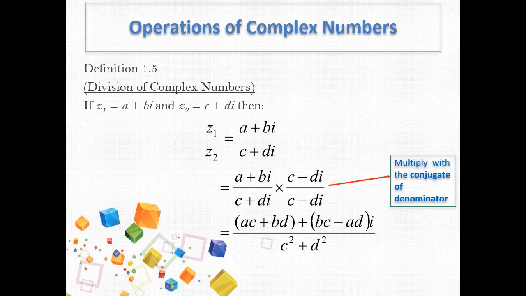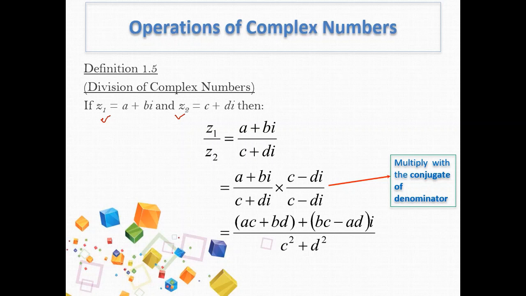Among all the operations that involve complex numbers, only division of complex numbers is a little bit different from other mathematical operations, where the division will involve the conjugate. Let's say you have two complex numbers z1 and z2. Division of z1 and z2 means a plus bi divided by c plus di.